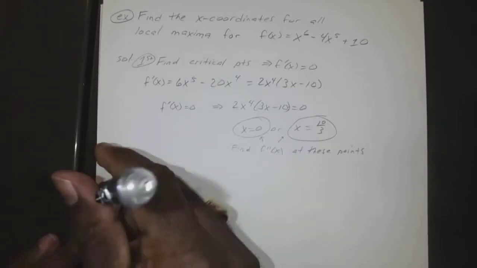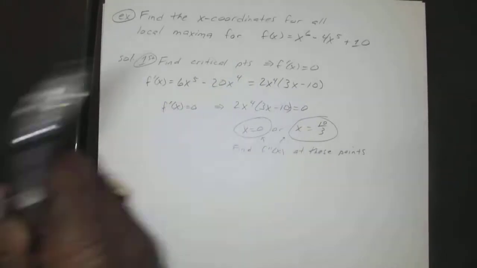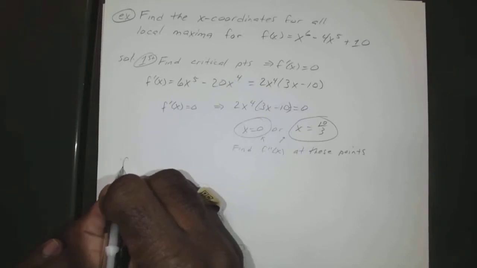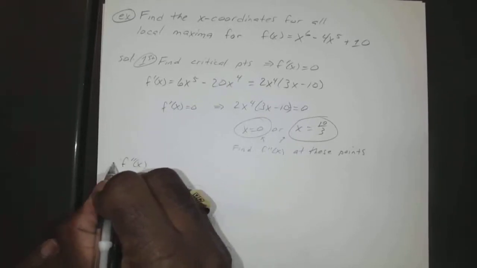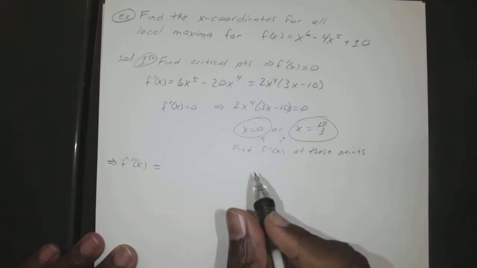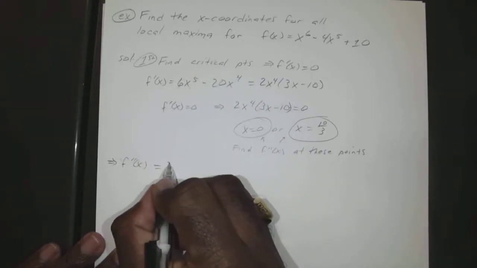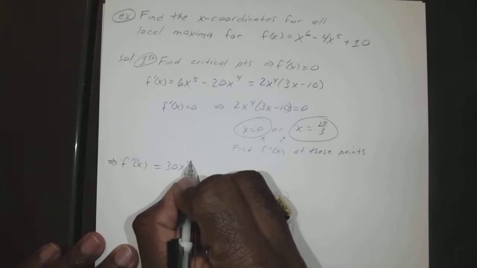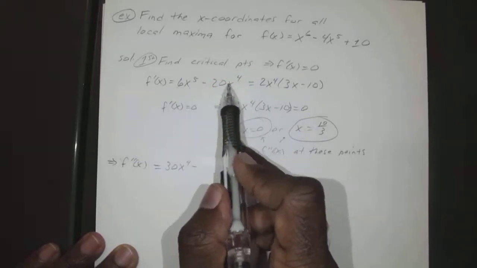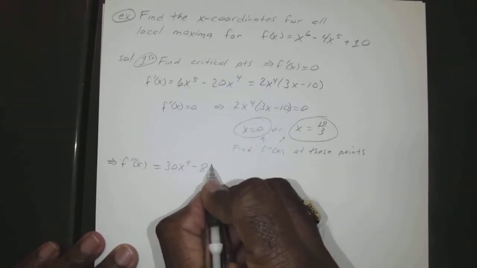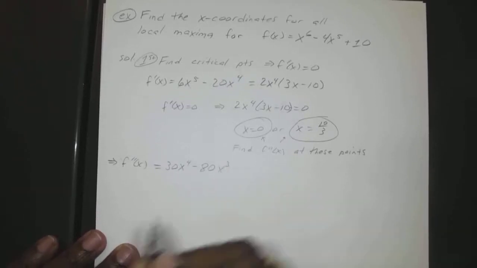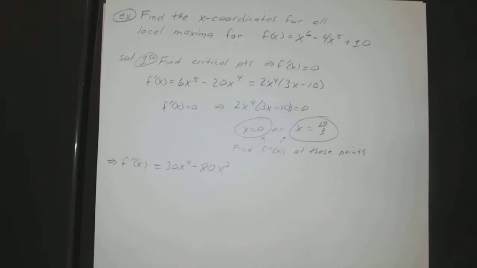Okay, oh, got to find our second derivative first. So your second derivative is equal to, bring down our 5, we have 30x to the 4th minus, bring that down, 80x to the 3rd. And did I factor that one earlier?